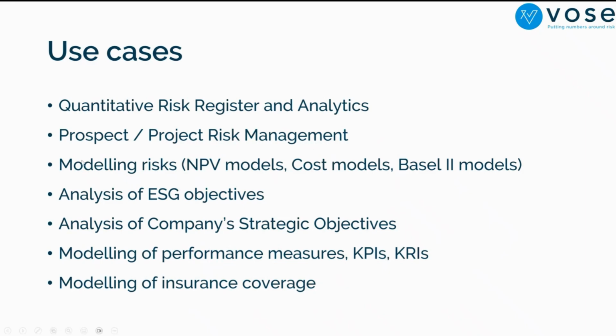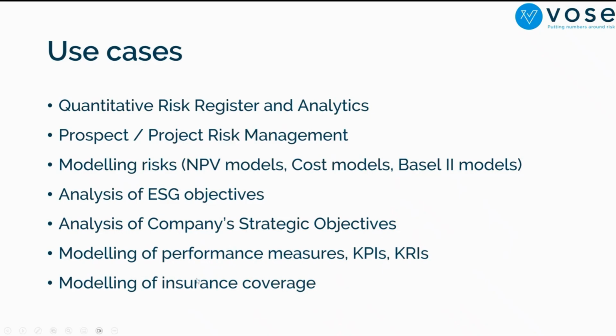You can use Pelican for model around risks, creating NPV models, cost models, Basel II if you're a bank, Basel II models, etc. You can model your ESG objectives. You can analyze company strategic objectives and see how risks actually influence those. You can model the performance measures, the KPIs, KRIs, which are customizable and can be put on the dashboard.